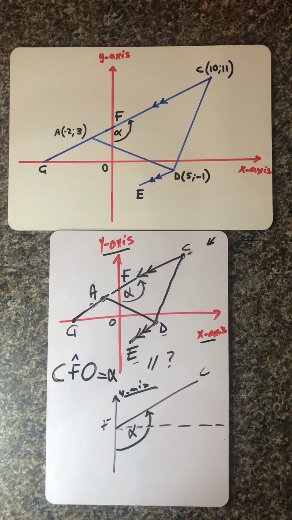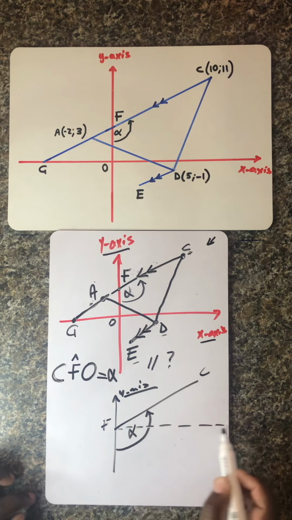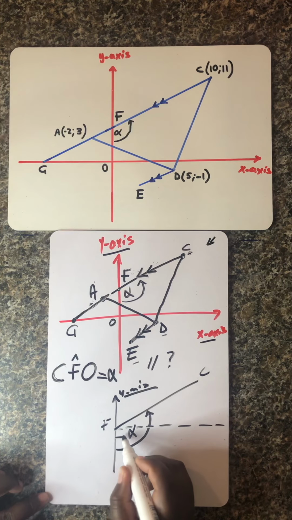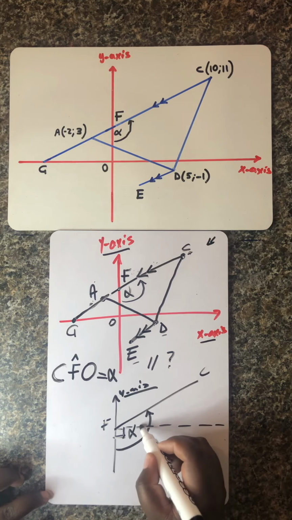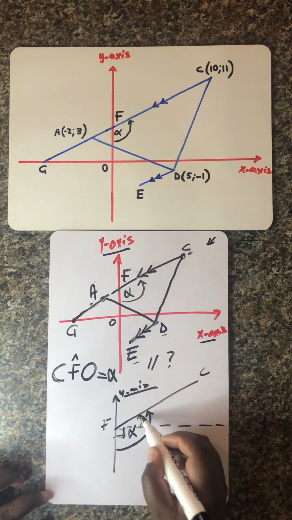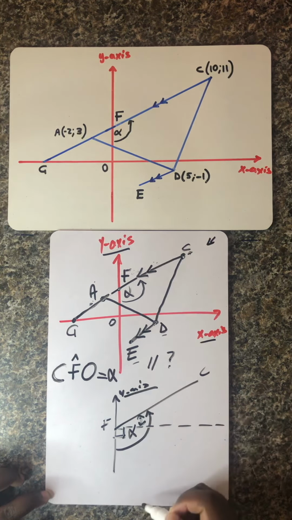Obviously, if we draw a horizontal line from that point, we notice this is 90 degrees. So that means this angle is greater than 90 degrees, because we've just drawn a horizontal line there, so we already have a 90 degree angle, and then we still have that angle there, between that horizontal line and that line CF.